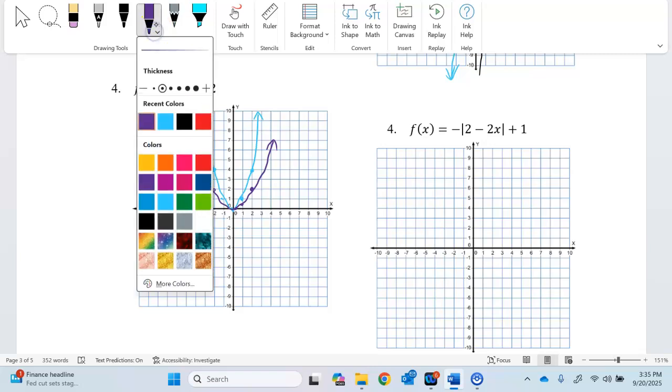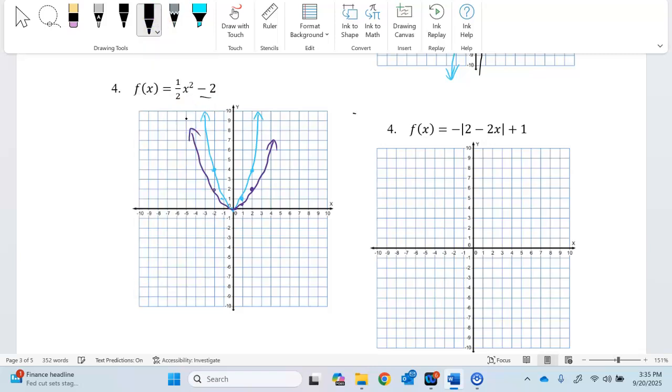And now for my final graph, I'll move it down, that's a 2 unit shift down. So that's my purple points, move them down 2. 1, 2. About right. 1, 2. These guys will be my intercepts.